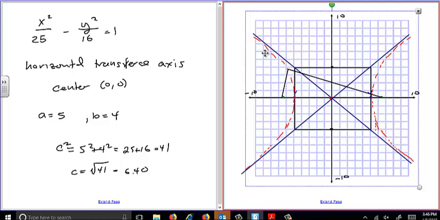All of these points that are on this red line have the same difference between the long section and the short section. But as far as drawing it, you really just need the vertices, these boxes, to draw the asymptotes and have this curve approach the asymptote starting at the vertex.